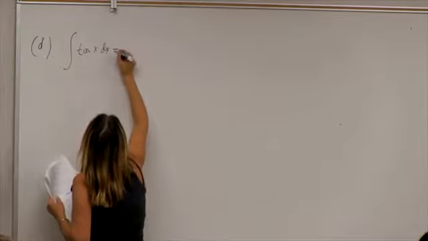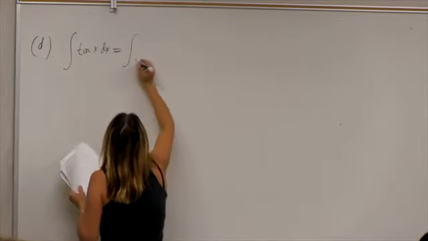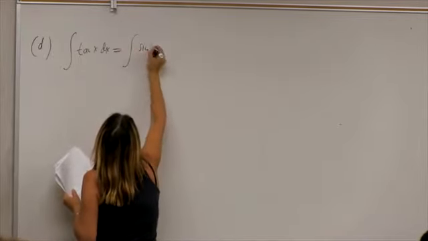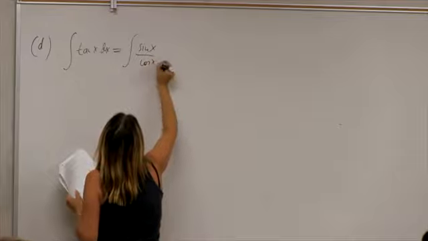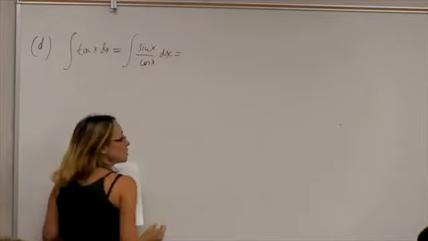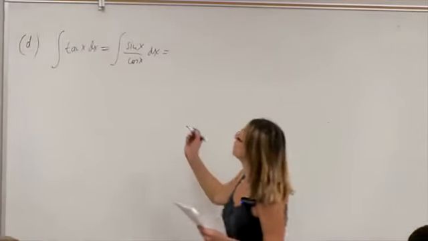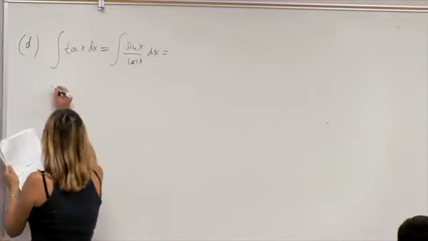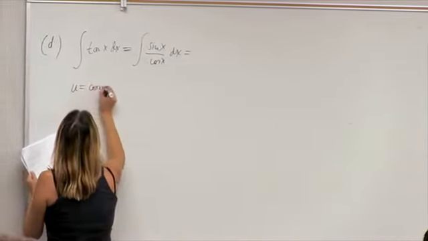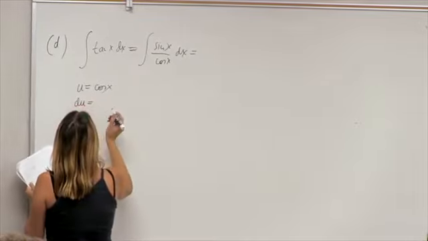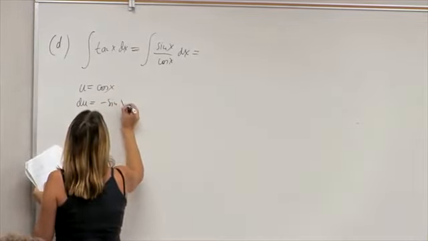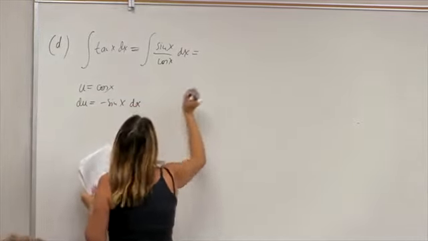What we do is we say that tangent is sine x over cos x dx. And what's the next step? Substitution. You say that u is cos x and du is minus sine x dx.